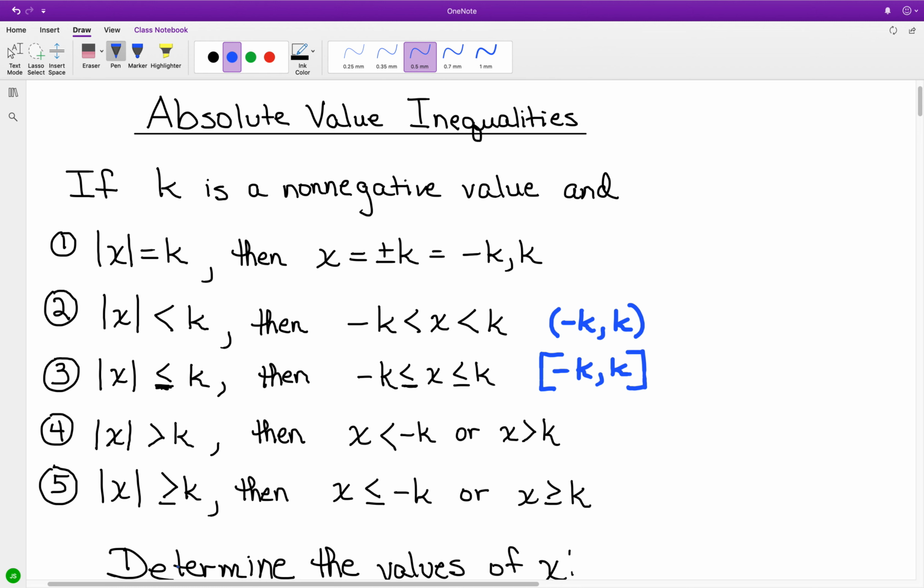All right, so for the absolute value of x is greater than k, we'll be going in opposite directions. For x, it might be that on the minus side we have x is less than negative k, or x is greater than k. For the interval notation, on the side of x is less than negative k, we have parentheses around negative infinity and negative k.